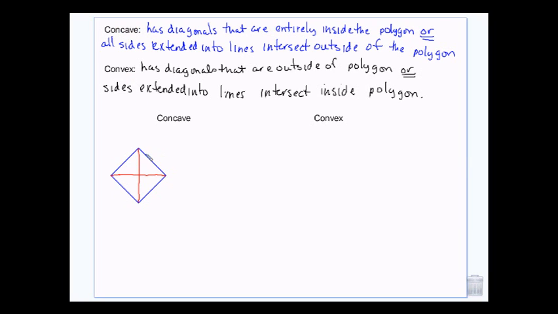If you're concave, all of your diagonals are on the inside. If you're convex, your diagonals can extend outside. So diagonals connect vertices. So this one has 1, 2 diagonals. But see how this diagonal is outside.